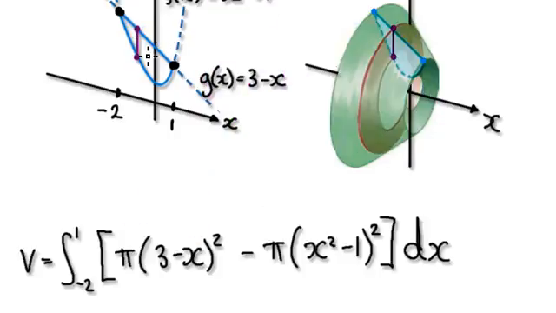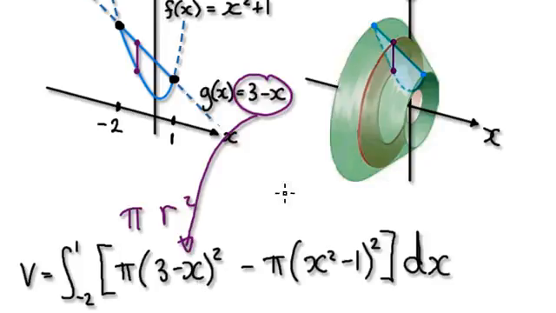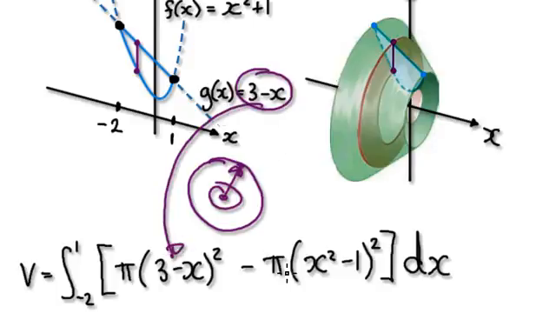Because if you think about it, as you're sweeping through, this is your big radius, and this here is your small radius. So the big radius is g of x here, and you put this in here.